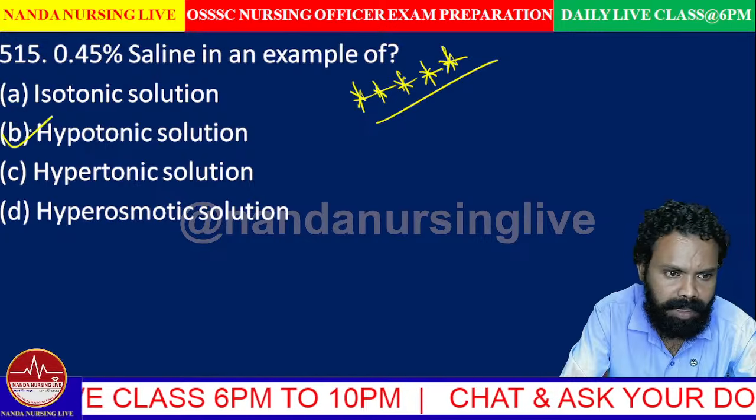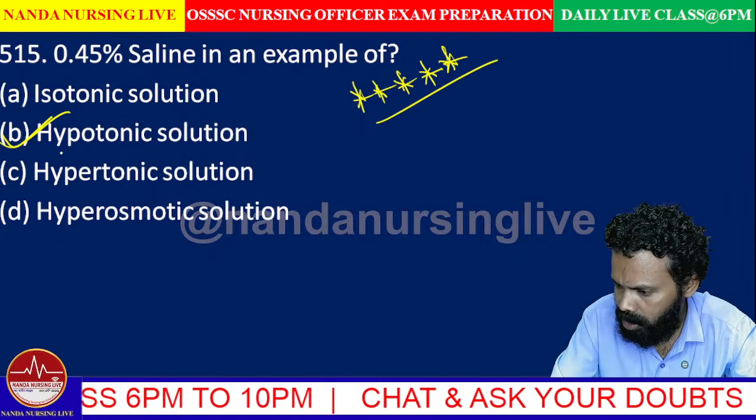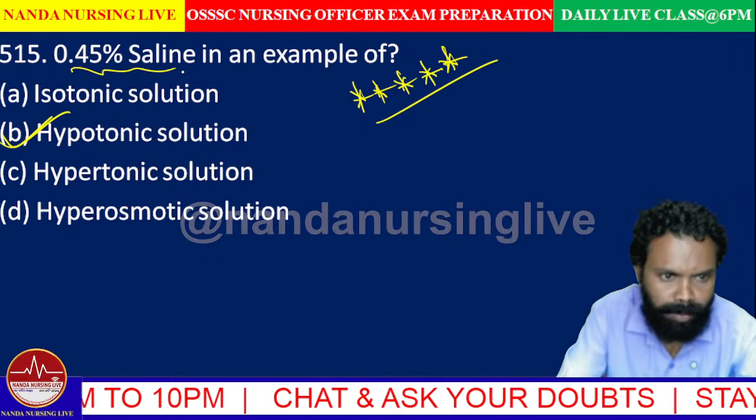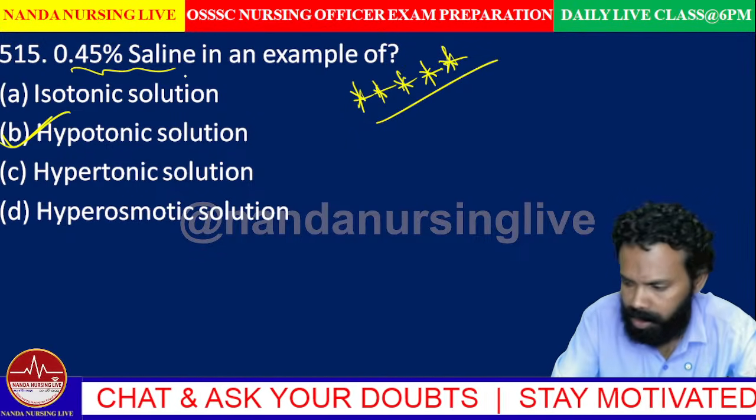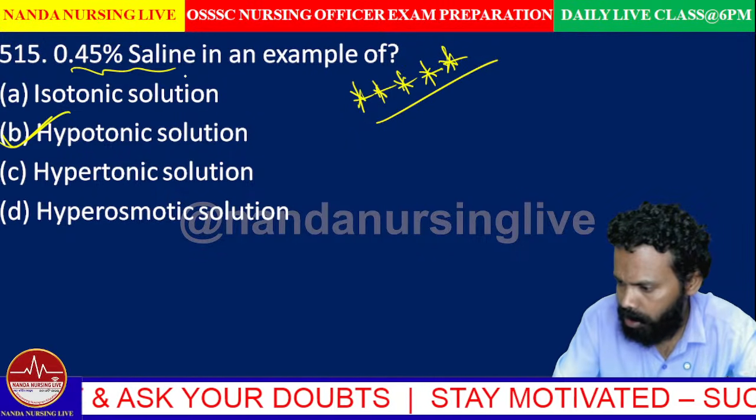Very good. Option B is the correct answer. Hypotonic solution. 0.45% saline is a hypotonic solution, right?